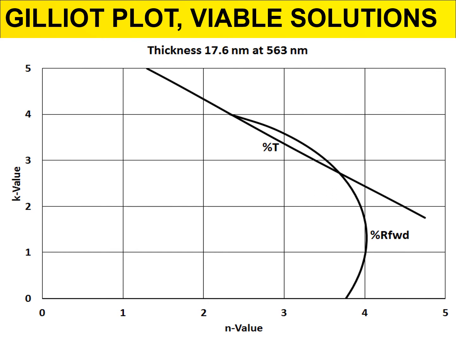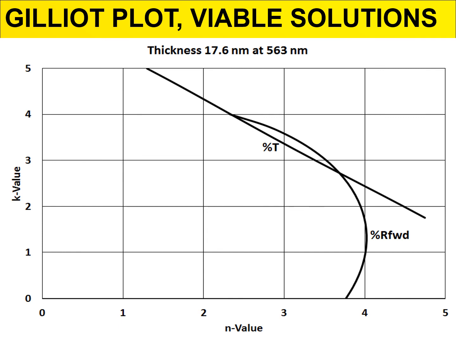Now, Gilliot published a paper in a recent decade saying if I take a specific thickness that I estimate the coating to be, and I generate a line like this %T line, which happens to be straight, of the values in N and K as would generate the particular thickness that agrees with the transmission curve.